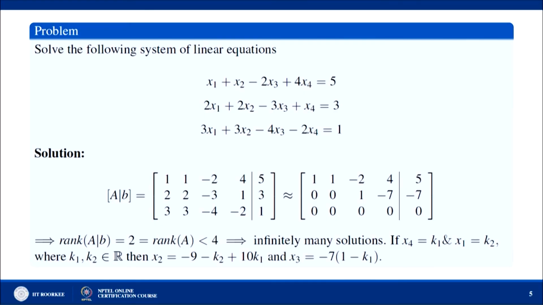Now, let us discuss a few examples based on this. The first example: you can see here we are having 3 equations, and how many unknowns? We are having 4 unknowns. So, x1, x2, x3, x4 are the unknowns and these are 3 equations. So, you first write the augmented matrix of these equations.